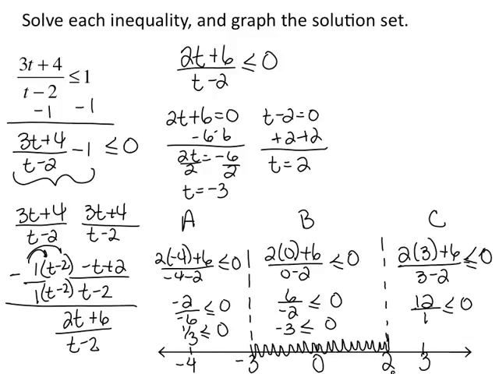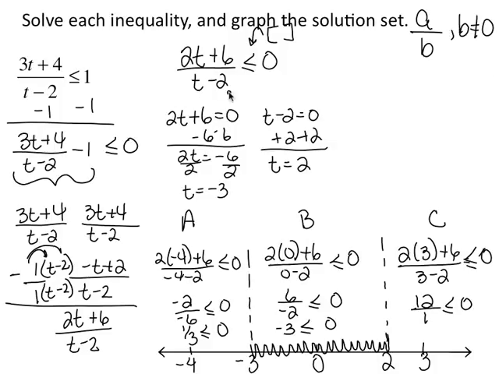So now the next thing we need to do is look at our inequality symbol. So recall that when we have a less than or equal or a greater than or equal, we can use brackets because the endpoints are included. But that's not true when we have a rational inequality. Recall that a rational number is any number that's written in the form of A over B, but there is a restriction that B cannot equal 0. If our denominator is equal to 0, we have an undefined fraction.